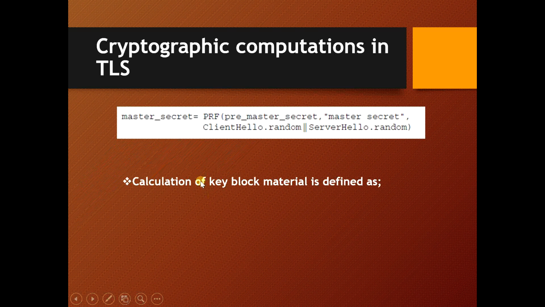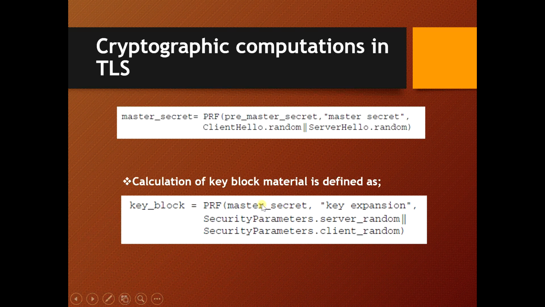The secret is the master secret, the label is the string "key expansion", and the seed is the concatenation of the server random number and the client random number. This key block calculation is done until the output is generated.